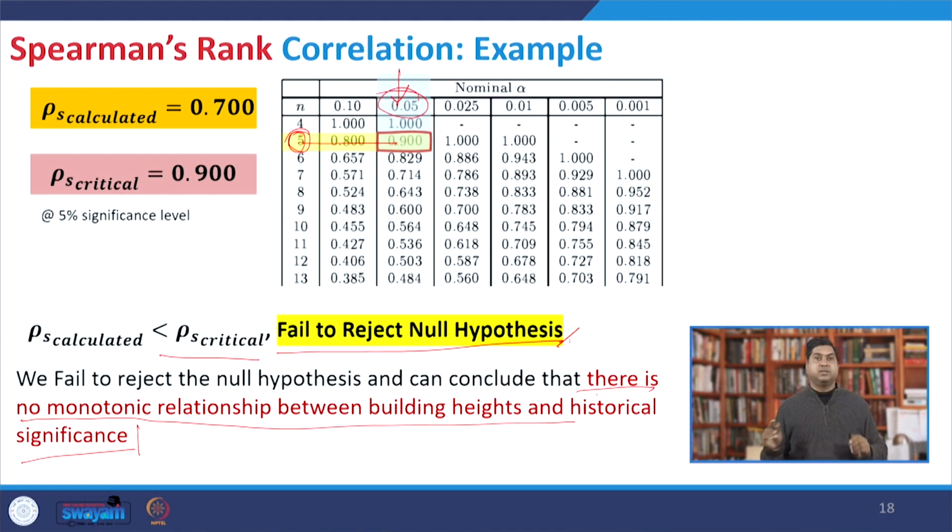If you increase this value from 5 to 10, you have a broader acceptance, and the value is reduced to 0.8, even if it is not making any change in the decision for this data set. But if you go with more precise data, like a 99% confidence level or 1% significance level, then you have to compare it with the value of 1. So referring to the table correctly is equally important as the way you calculate the data.